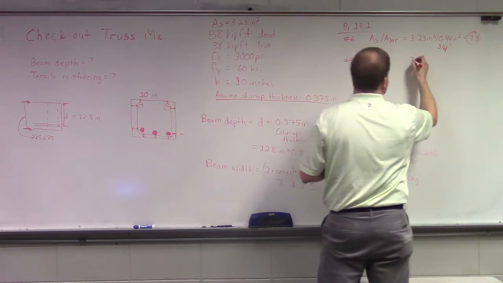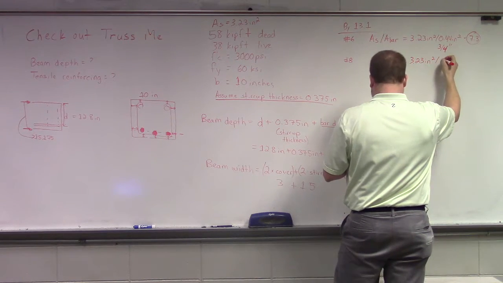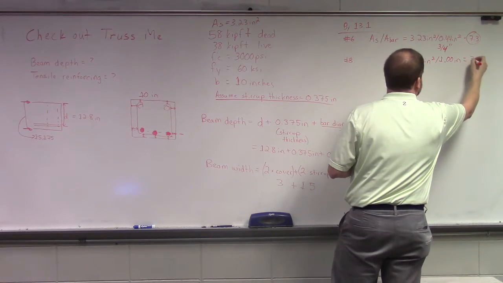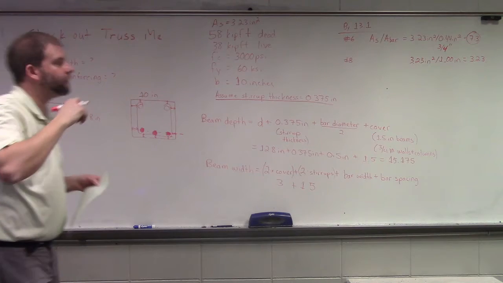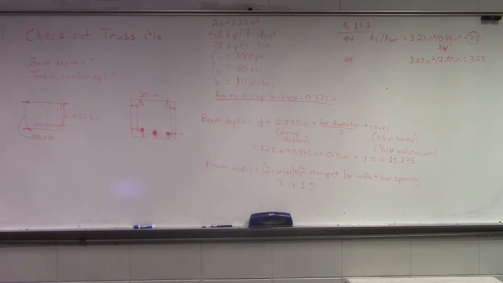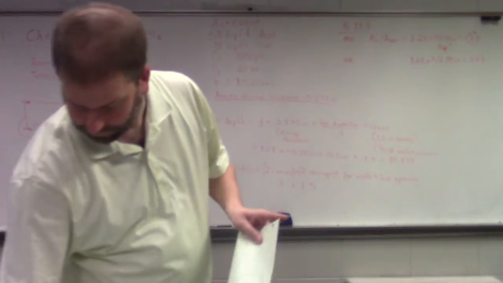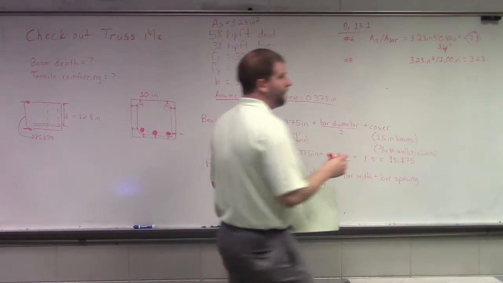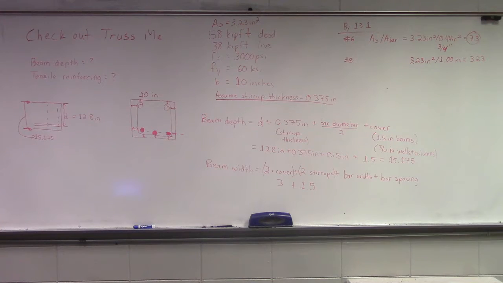So for number 8, it's 3.23 inches squared divided by 1 square inch. For our area of steel, where did we come up with that previously? We calculated it.